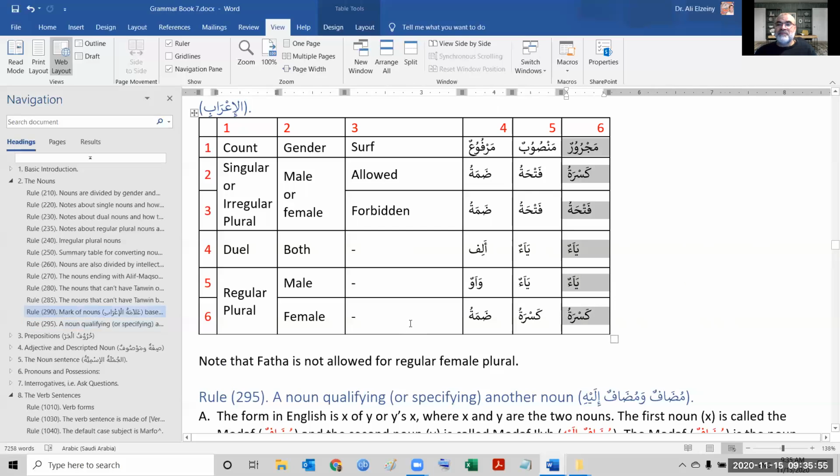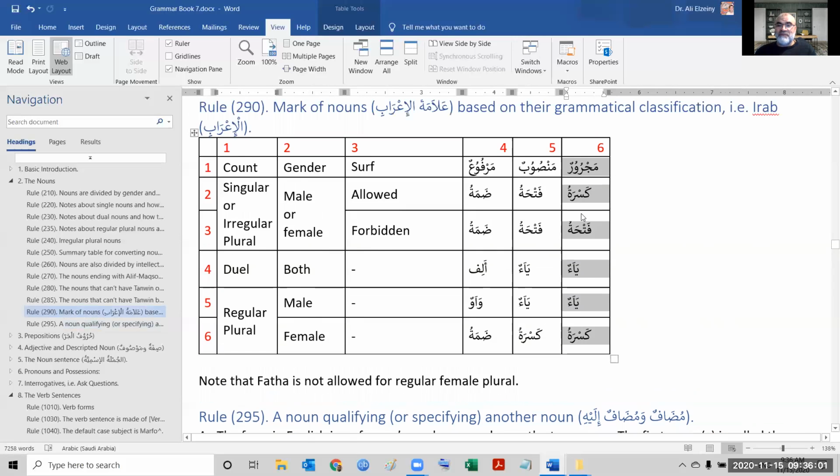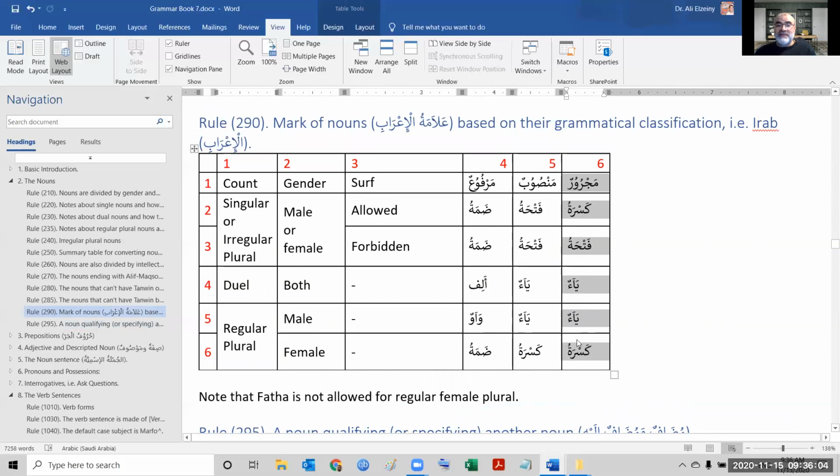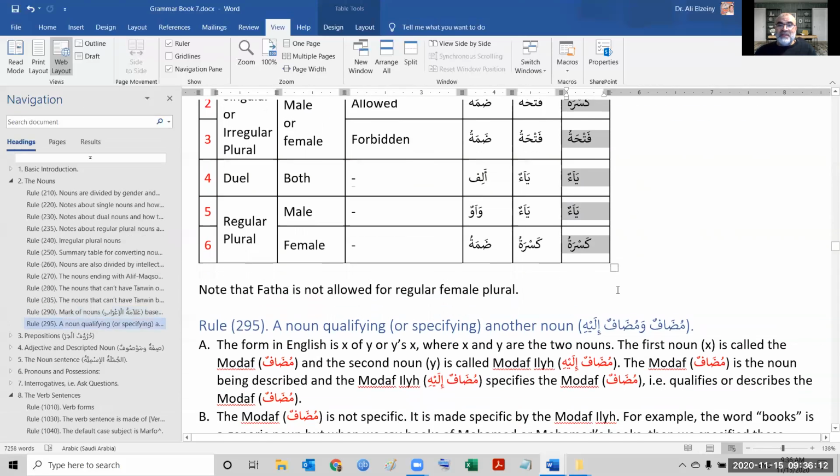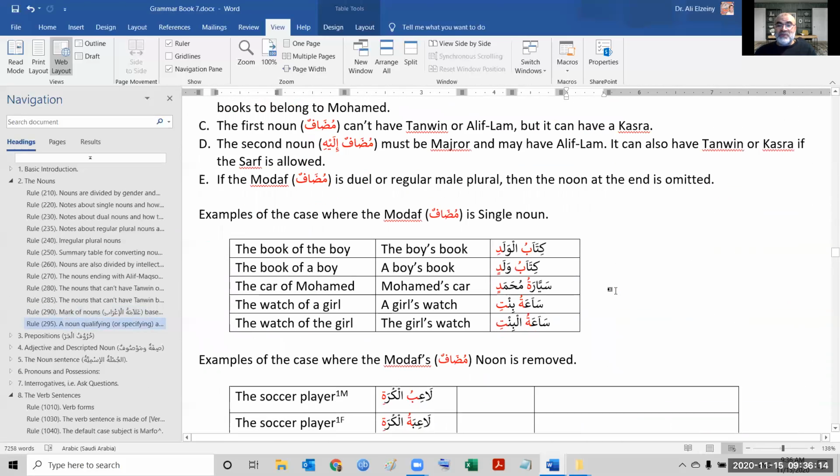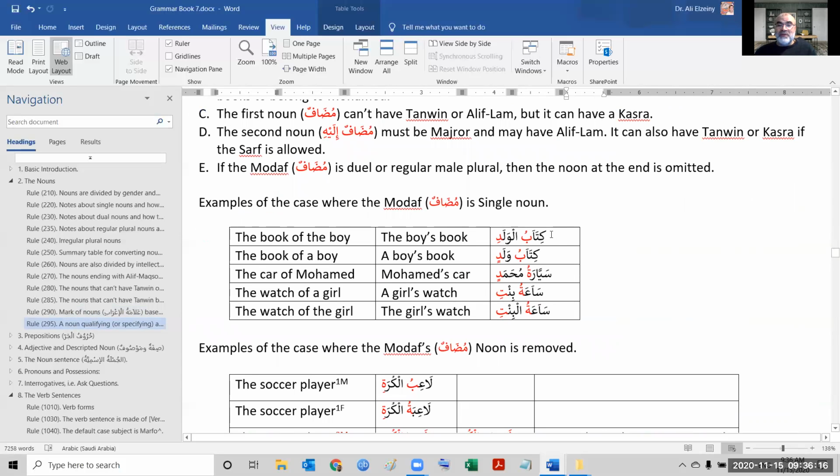And majroor is kasra, fatha, ya, kasra. It depends on what kind of noun we're talking about, what the gender is and what the count is. Okay? So this is an example: the book of the boy.